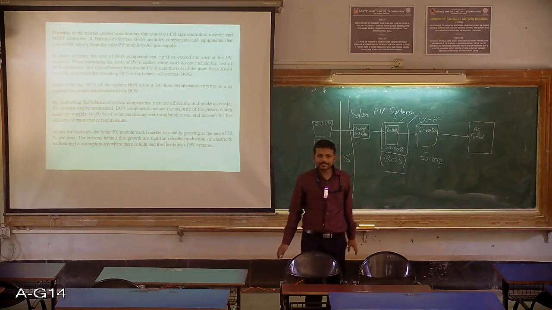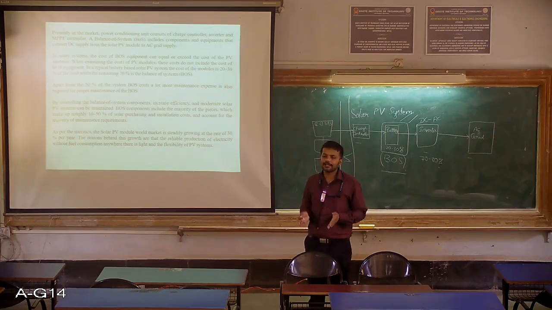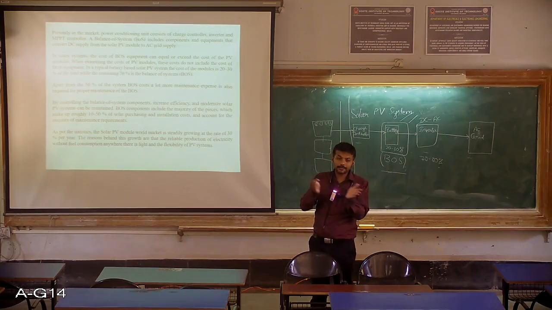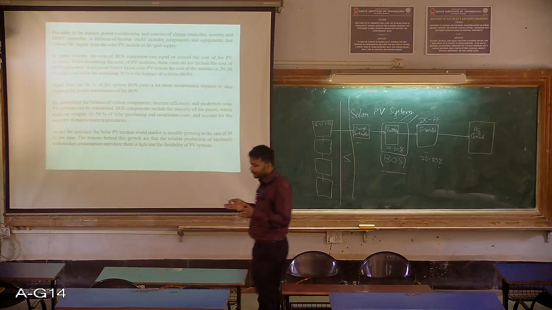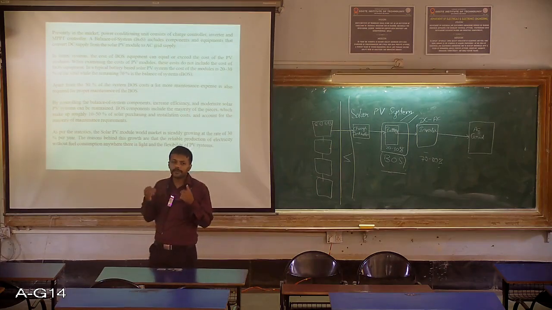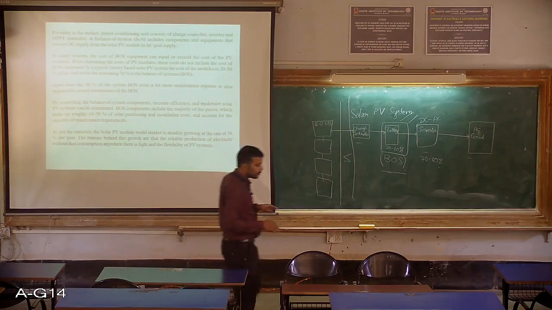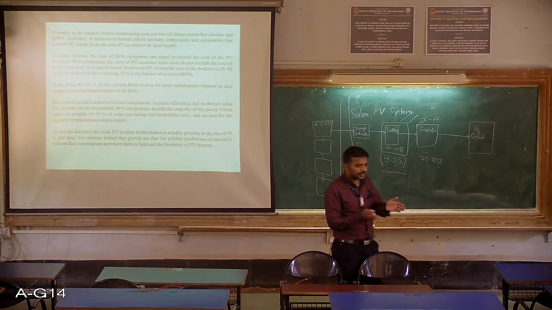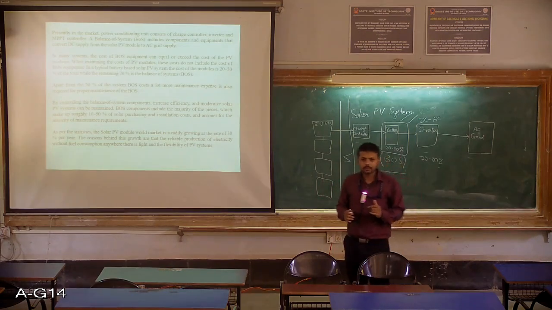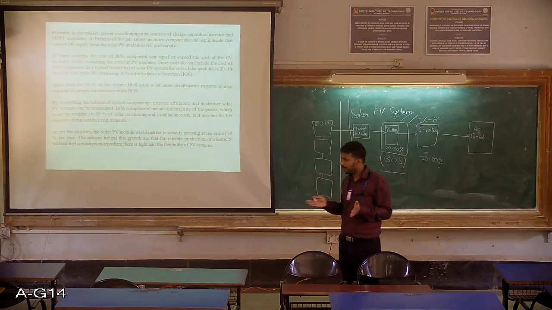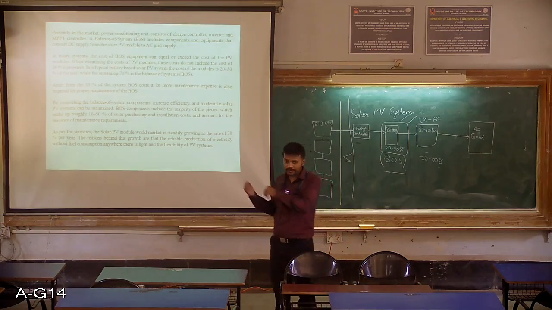As 30% is a very high value, we should give more preference to solar performance, efficiency and the cost of the system, so that we can interact more with this market.